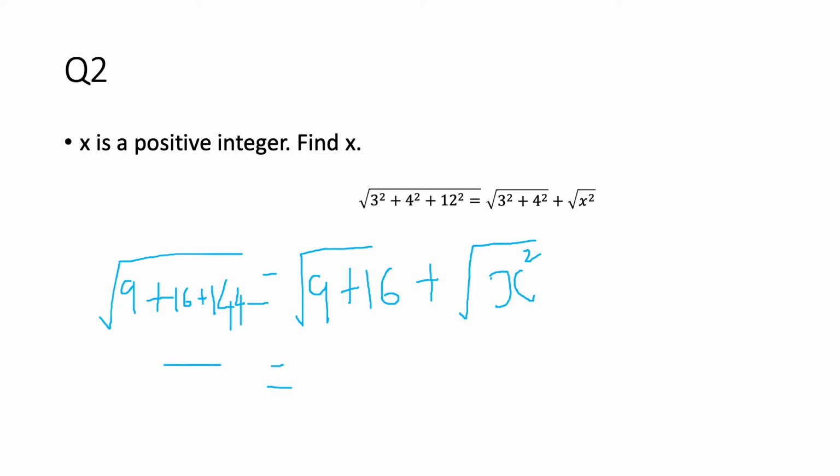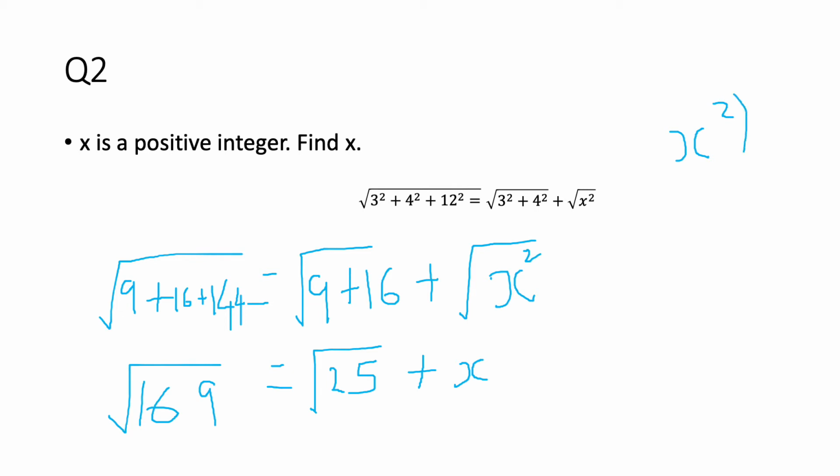So I'm going to get 144 add 16 is 150, add 9 is 169, equals the square root of 9 plus 16, which is root 25, plus the square root of x squared, which is just x. It's the same as saying x squared to the power of a half, and when I multiply the powers together, 2 times a half is 1, so it's x to the power of 1, which is just x.